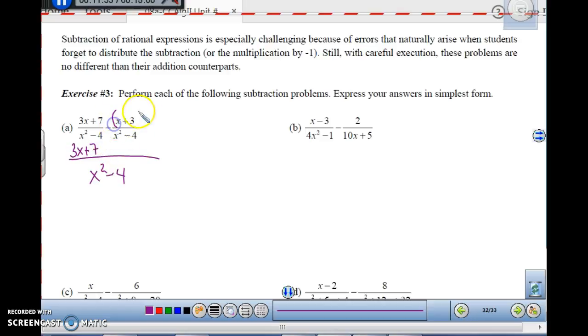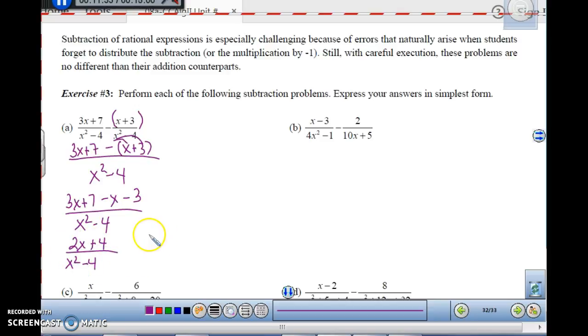But this is minus this entire thing, so this is minus x plus 3. So that gives me 3x plus 7 minus through the entire thing, minus x minus 3 over x squared minus 4. Combine your terms. You get 2x plus 7 minus 3 is plus 4 over x squared minus 4.